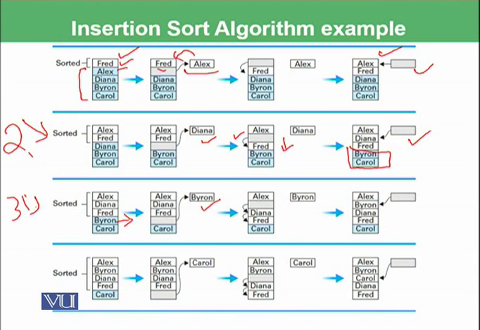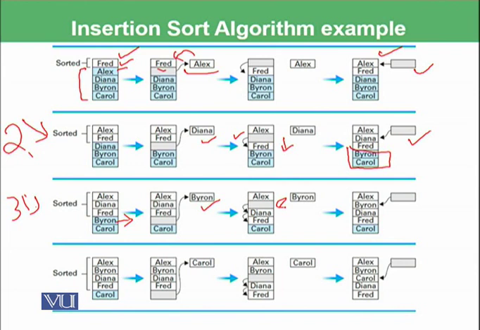So Fred is going downward, Diana is going downward, and we have the empty location over here where we will put Byron. We are not going into very technical details of this insertion sort, such as how actually it compares the values from top to bottom or bottom to top. At the moment we are just concerned with how this algorithm is working.